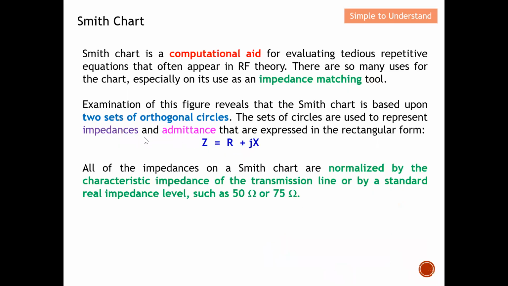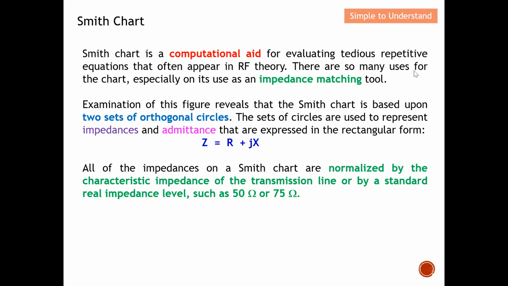Let's start by understanding what actually is a Smith chart. A Smith chart is a computation aid for evaluating tedious repetitive equations that often appear in RF theory, which means that the Smith chart is basically used to resolve anything that is very tedious, anything that is always repetitive.